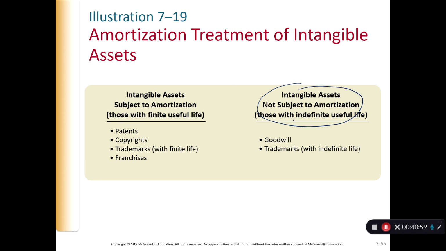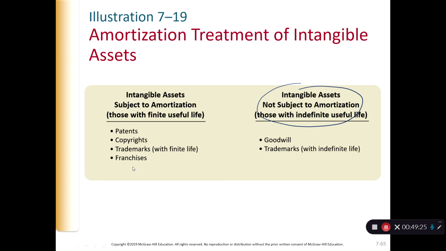Okay, for example, when the asset has an indefinite life, or there's no foreseeable limit on the period of time over which we expect this asset will contribute to the cash flow of the entity, we will not amortize those assets.